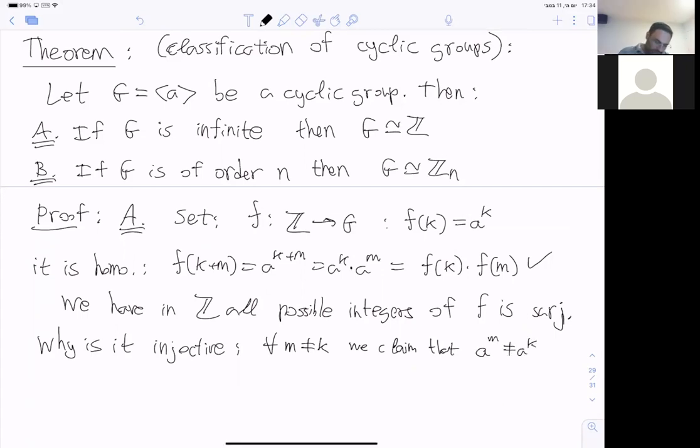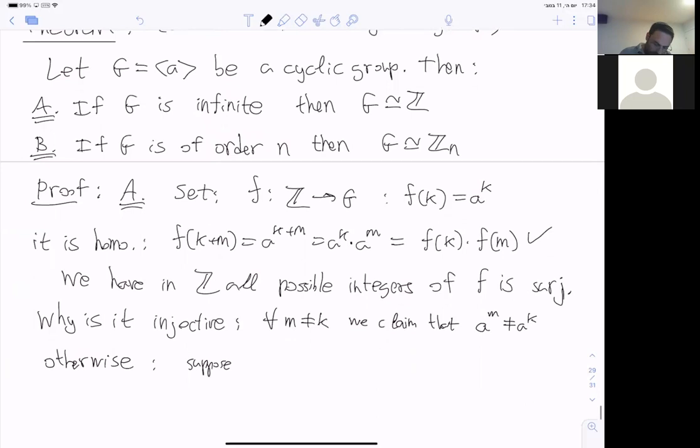Why? Otherwise we could have deduced, suppose k is greater than m, then we can multiply both sides.